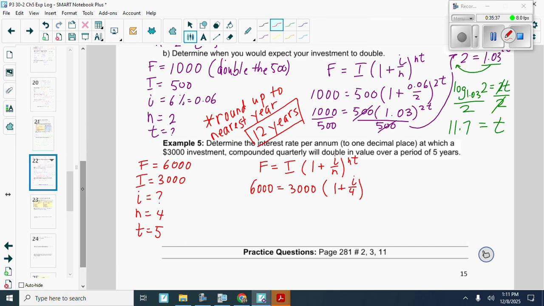We have n, there we go, 4 times 5. So this time our unknown is inside the brackets.